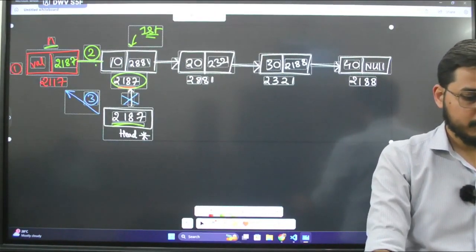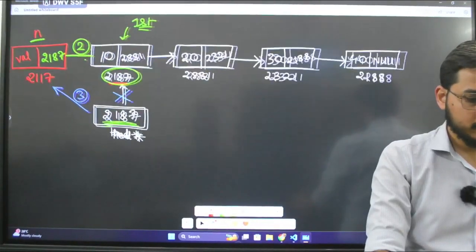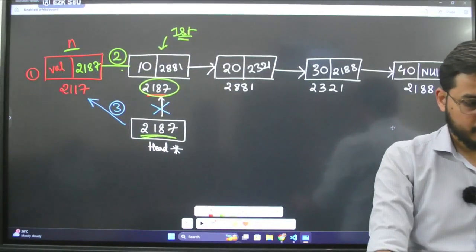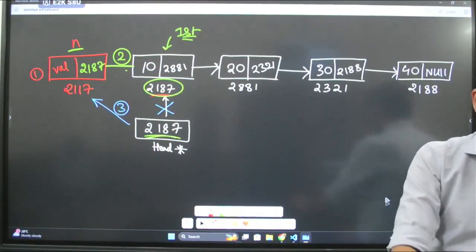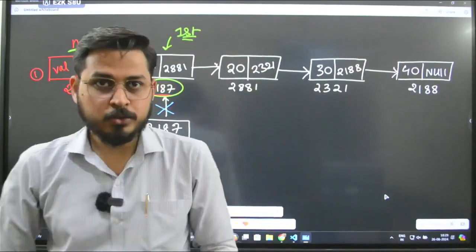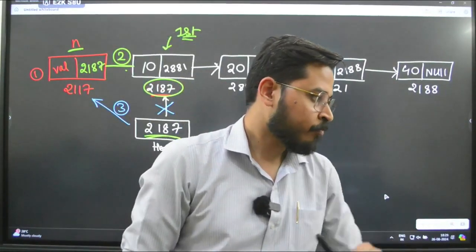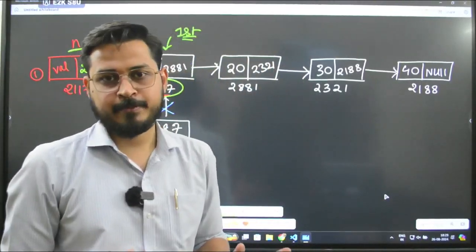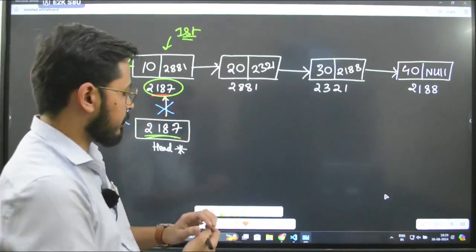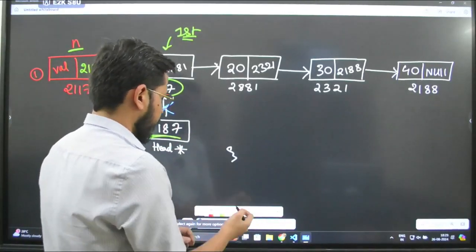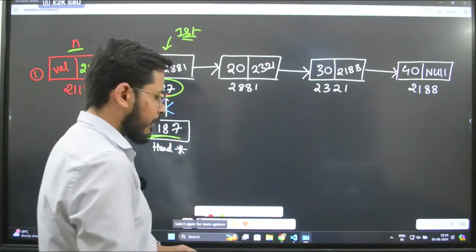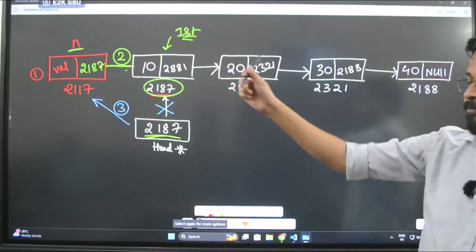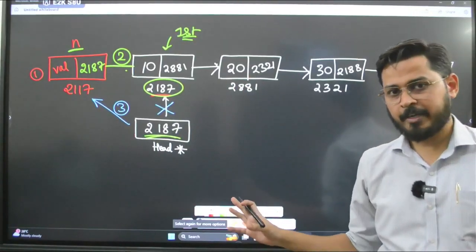Now we will try to do the insertion at the tail as well. Okay, so how to do it? So guys, this is your linked list. Now you have understood insert at head, which is very, very much fine.